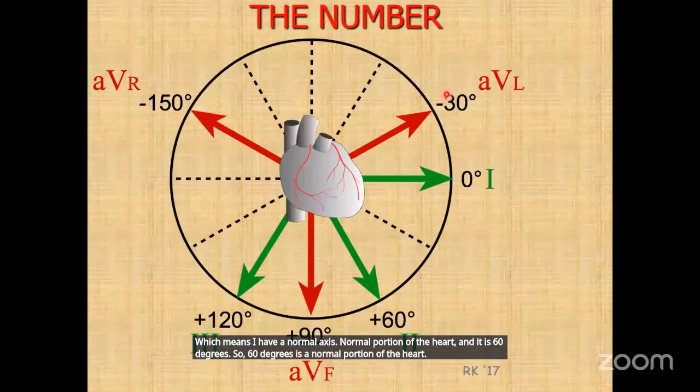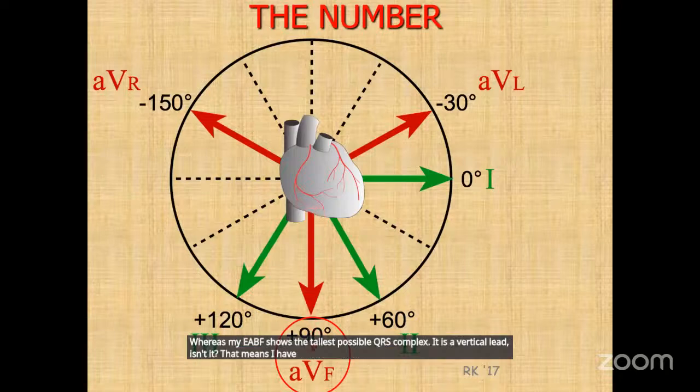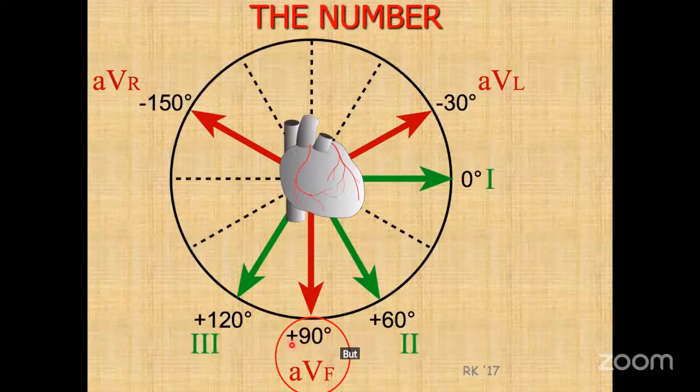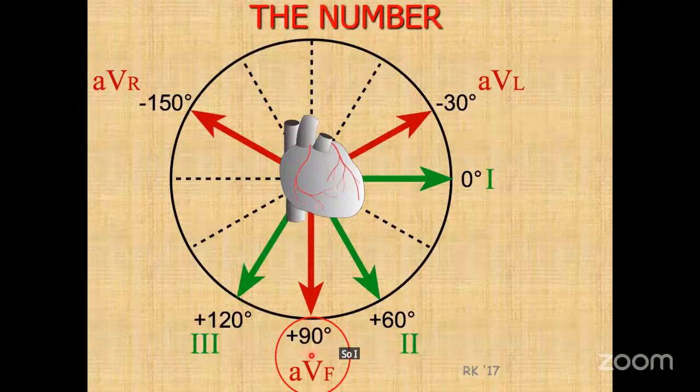Whereas if my AVF shows the tallest positive QRS complex, it is a vertical lead, isn't it? That means I have once again a normal axis, but the number is plus 90 here. And because it's a vertical lead, if AVF shows the tallest positive QRS complex, I have a vertical heart. Now look at this ECG.